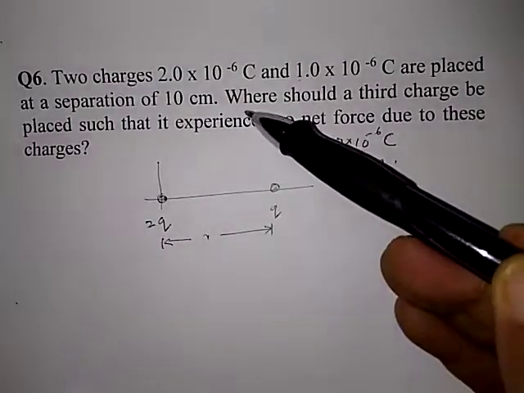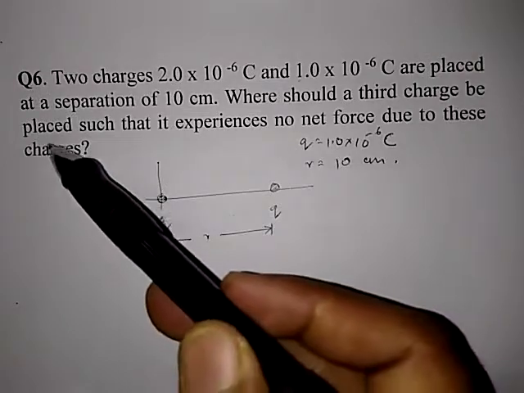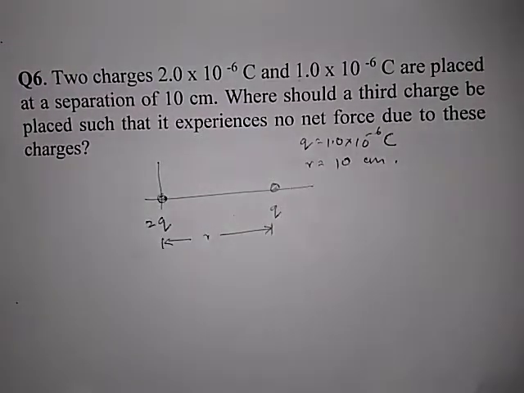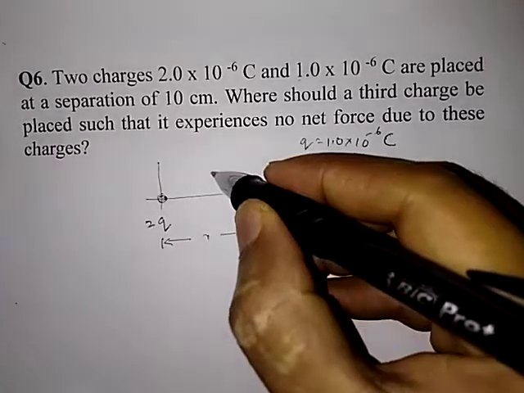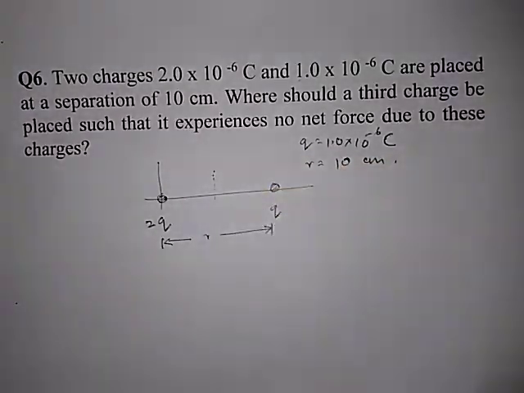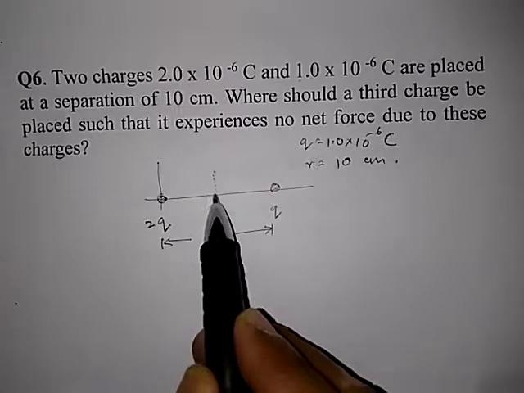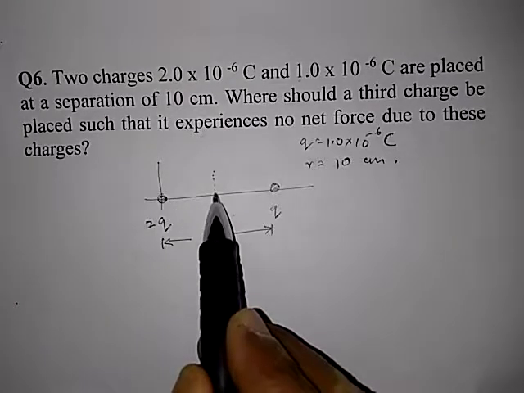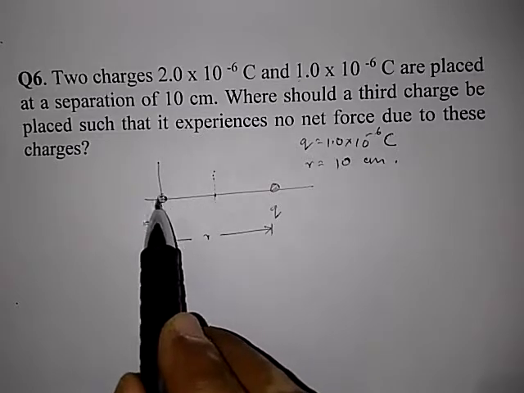Now the question is, where should a third charge be placed such that it experiences no net force due to these charges? If you try to place the charge right at the center, then this charge will have a repelling force due to the 2q charge.